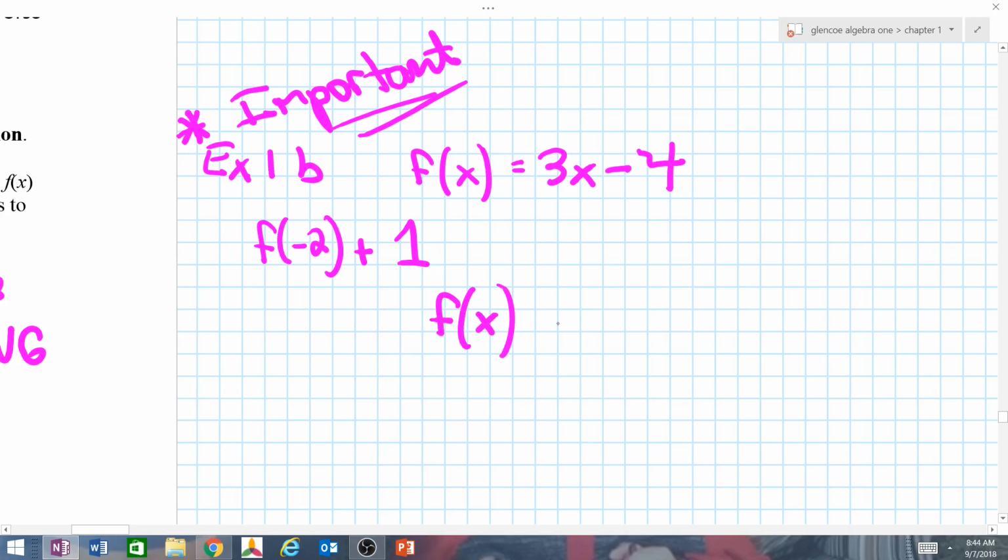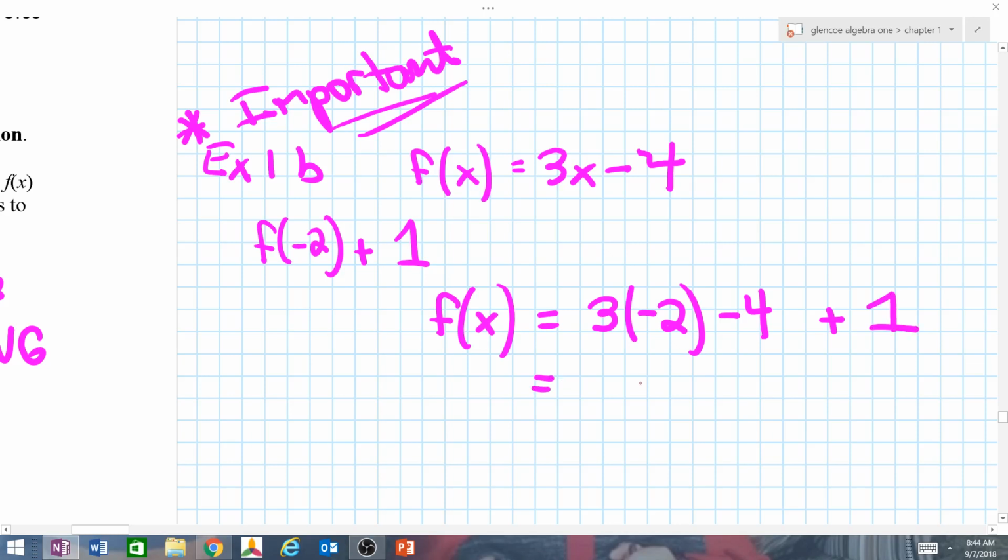So this would become 3 times negative 2 minus 4 at the very end, because the negative 2 only was in parentheses. That's the only thing you substitute in for x. Then you continue with the given equation. Now at the very end, you add your plus 1.